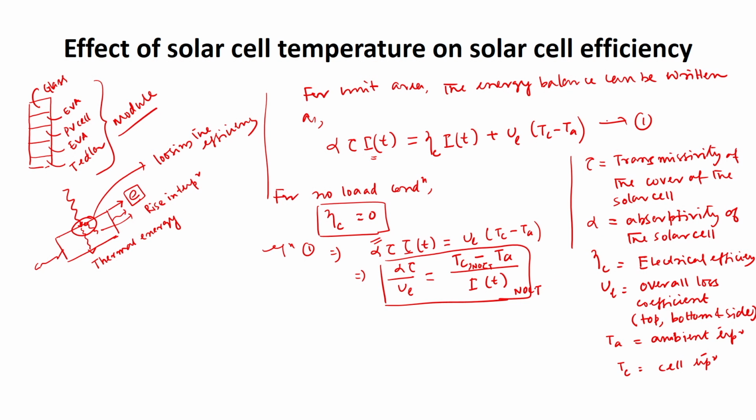If this is the condition, then we can write this expression, and also we can find out the cell temperature. So, we have to use the equation again if we are interested in the cell temperature.